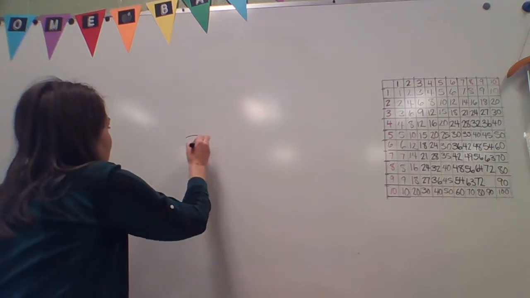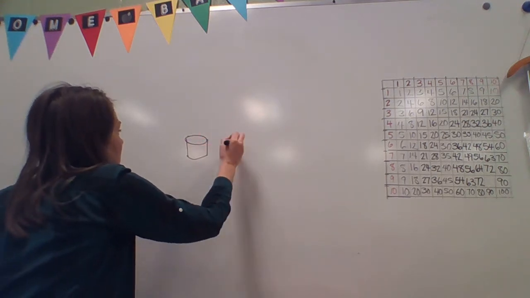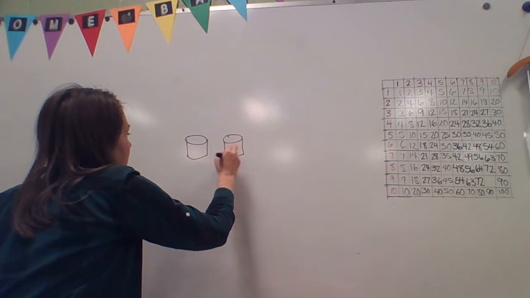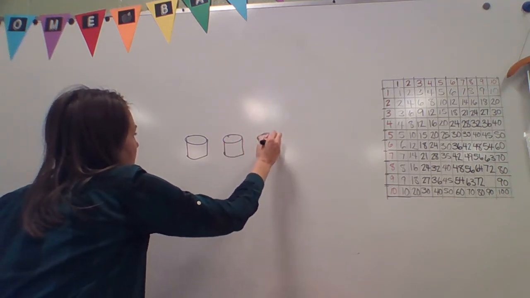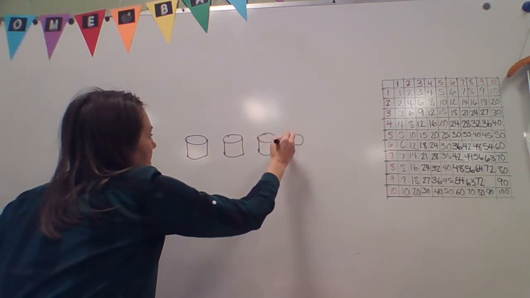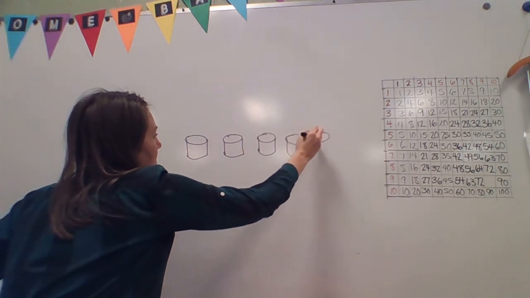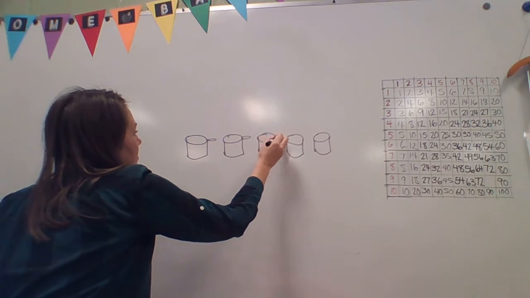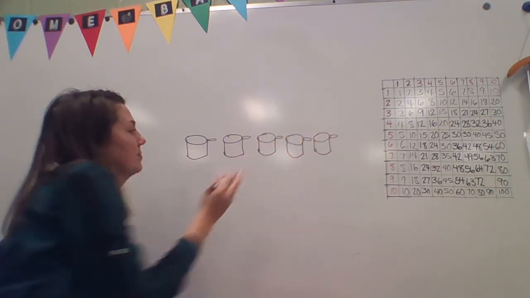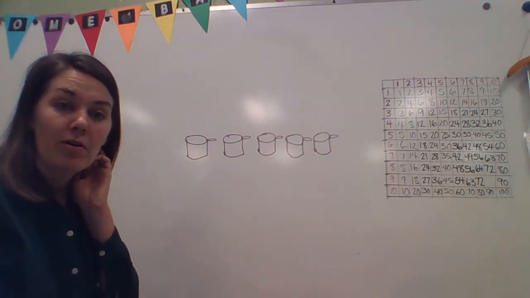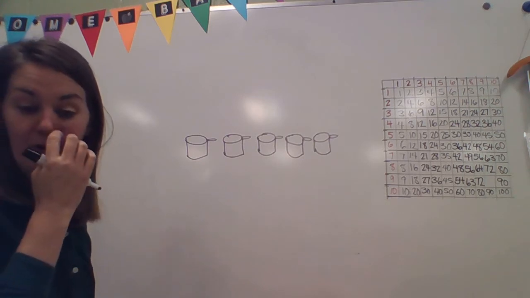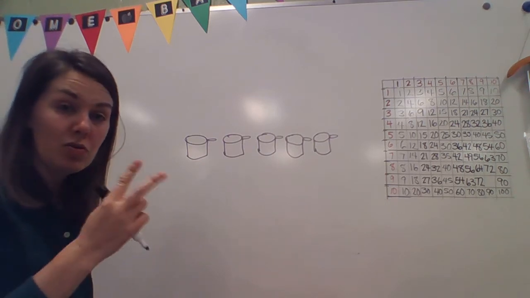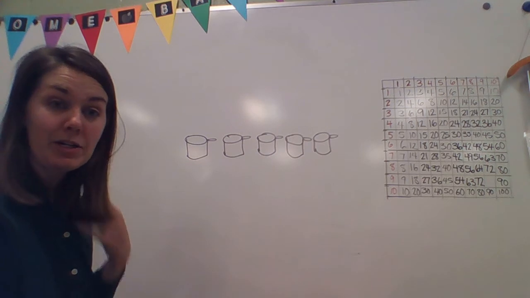So she has 5 cups of oats, and she needs 2 cups for 1 batch of oatmeal muffins.